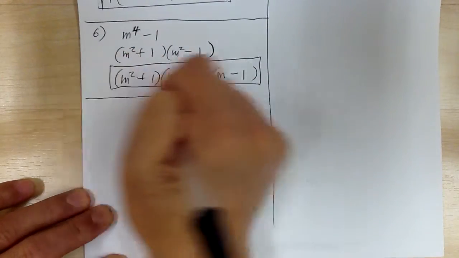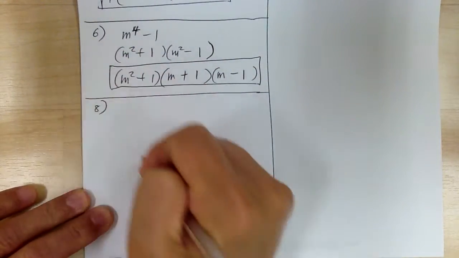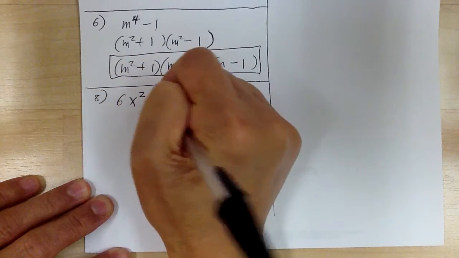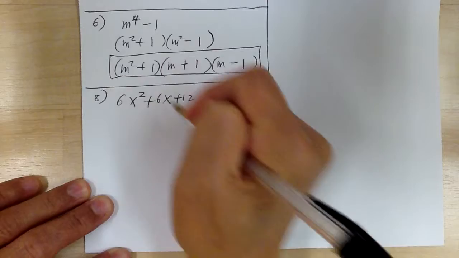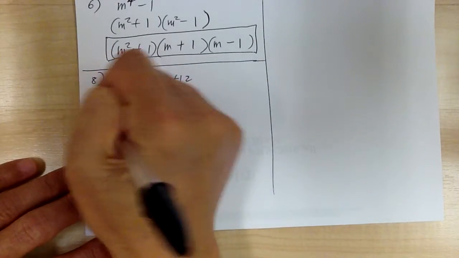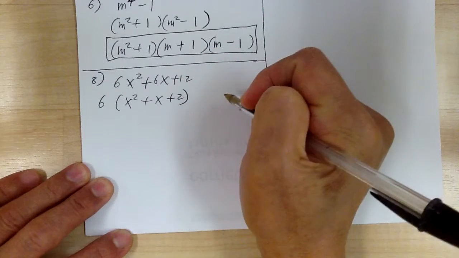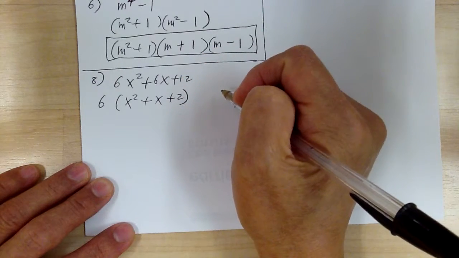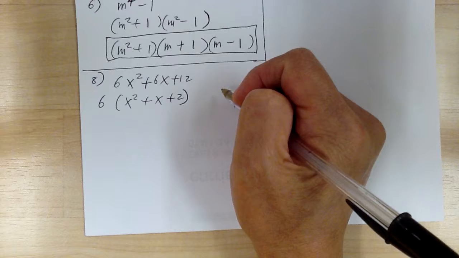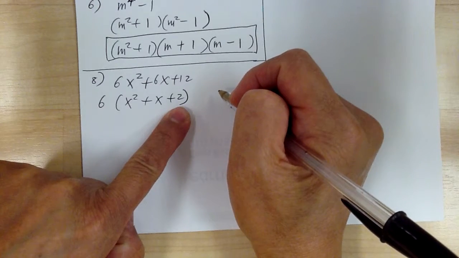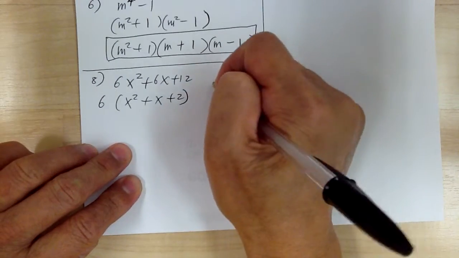Okay, let's go to number 8. You have 6x squared plus 6x plus 12. Step 1, common factor, factor out the 6. Okay, then you go to step 2. Perfect square. This is not a perfect square. So you go to step 4, master product.